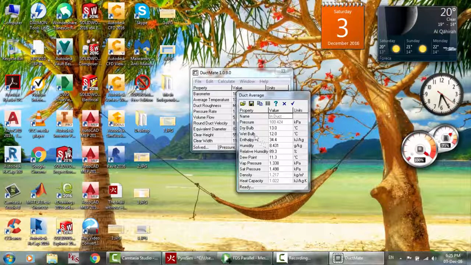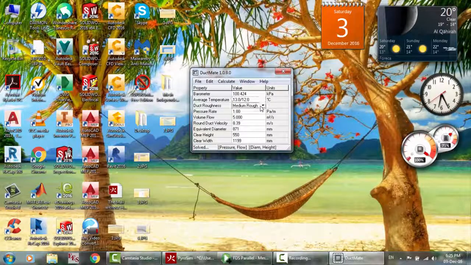You may enter the dry bulb and the relative humidity, or the wet bulb and relative humidity, or the dry bulb and the wet bulb. Okay, so this is the dry bulb and wet bulb. It's okay, and relative humidity is around 90%. So that's it.